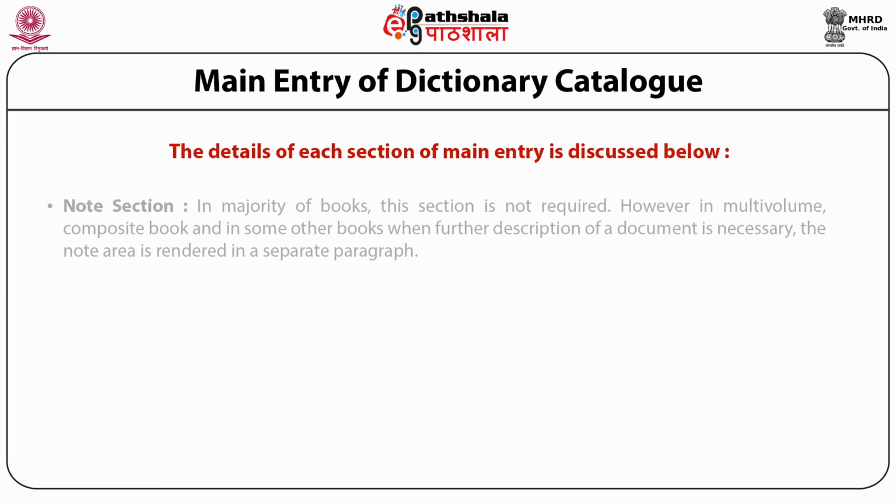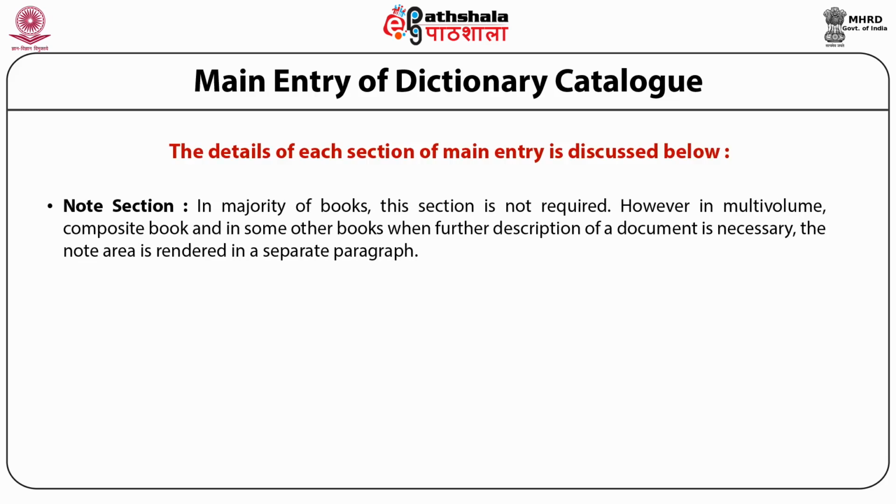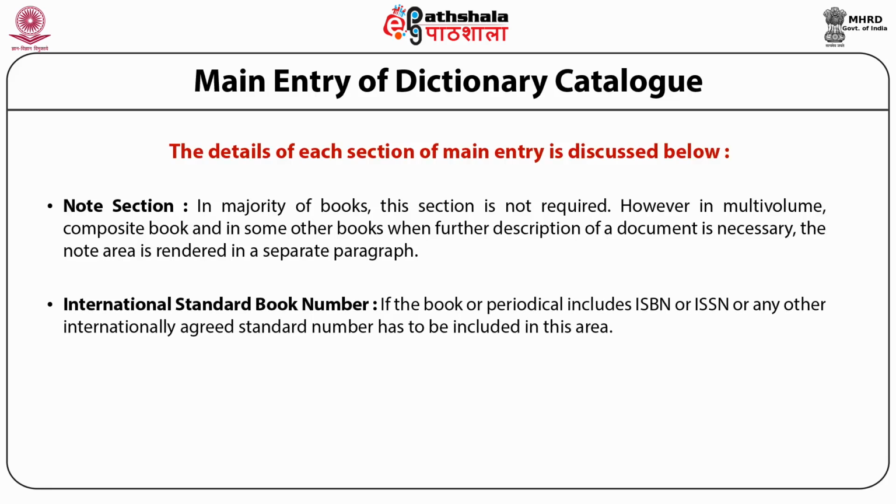Fifth section, note section. In majority of the books, this section is not required. However, in multi-volume, composite book, and in some other books, when further description of a document is necessary, the note area is rendered in a separate paragraph. Sixth section is International Standard Book Number.